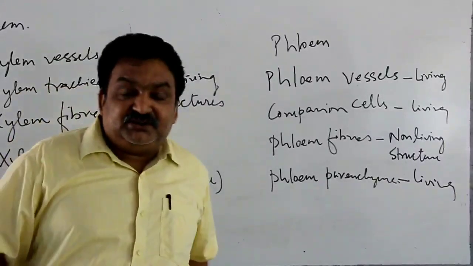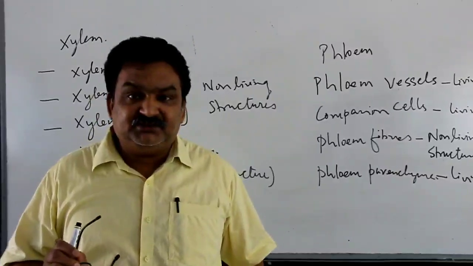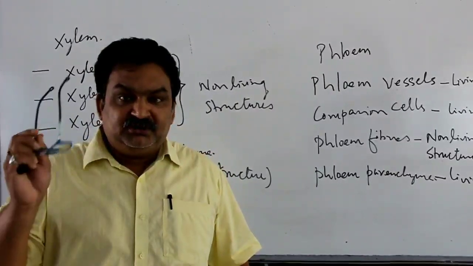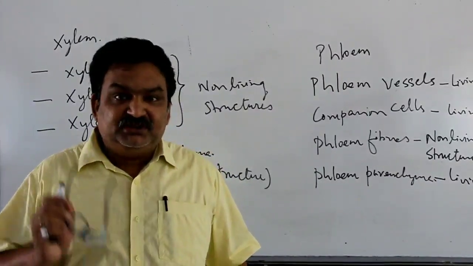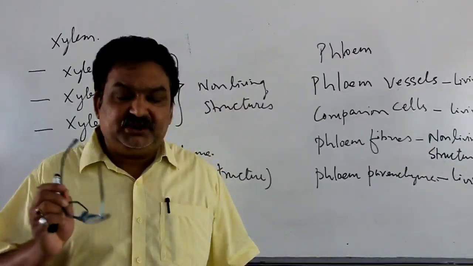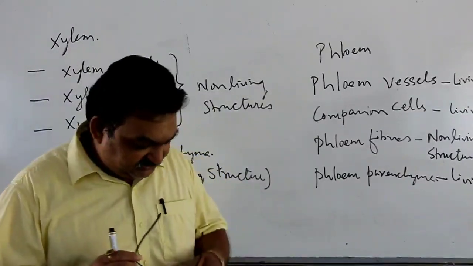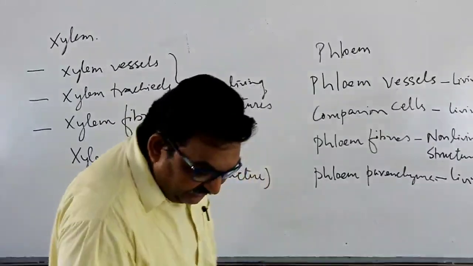The basic function of this is to conduct water and minerals from the roots to the leaves for photosynthesis, and the prepared food has to be sent to different parts, that is non-green parts of the plant, to carry out all different functions. Now, xylem vessels.